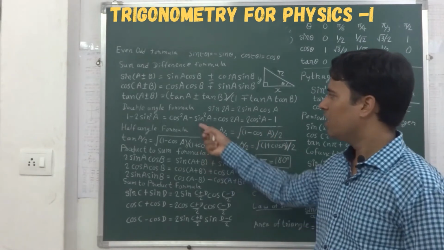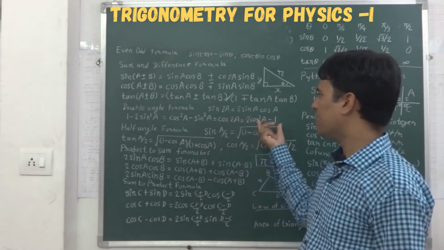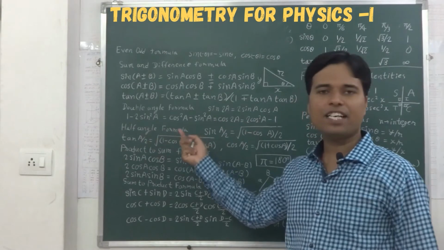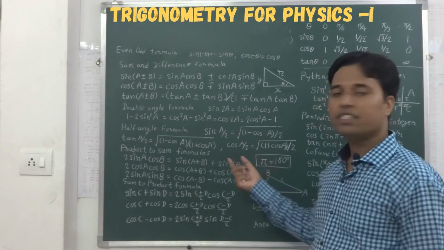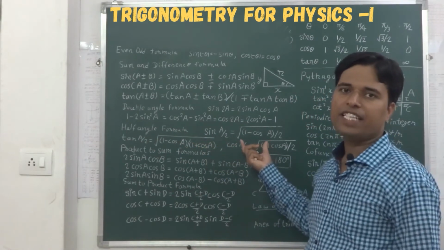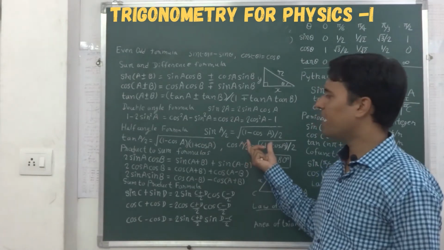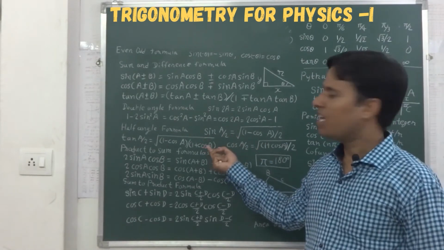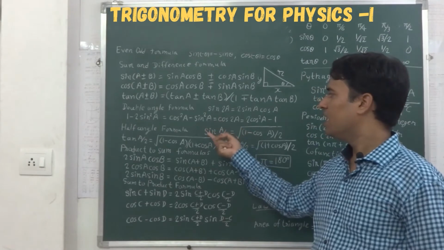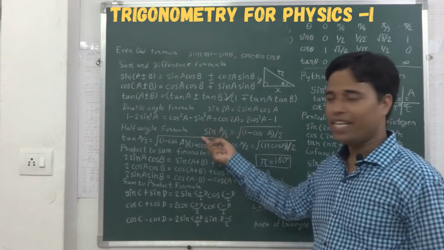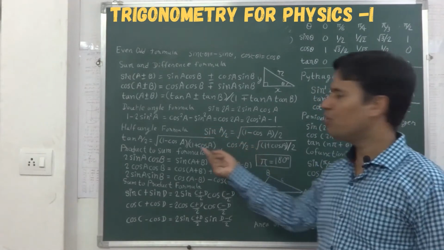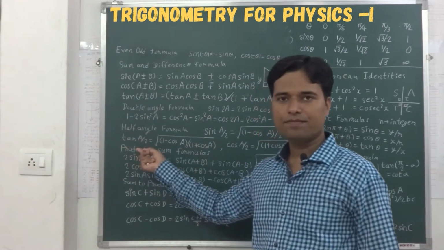Now dear students, you can use this function for finding the half angle formula. The cos formula, if it is a known quantity, you can find out the half angle function here: sine of a by 2, cos of a by 2, tan of a by 2.